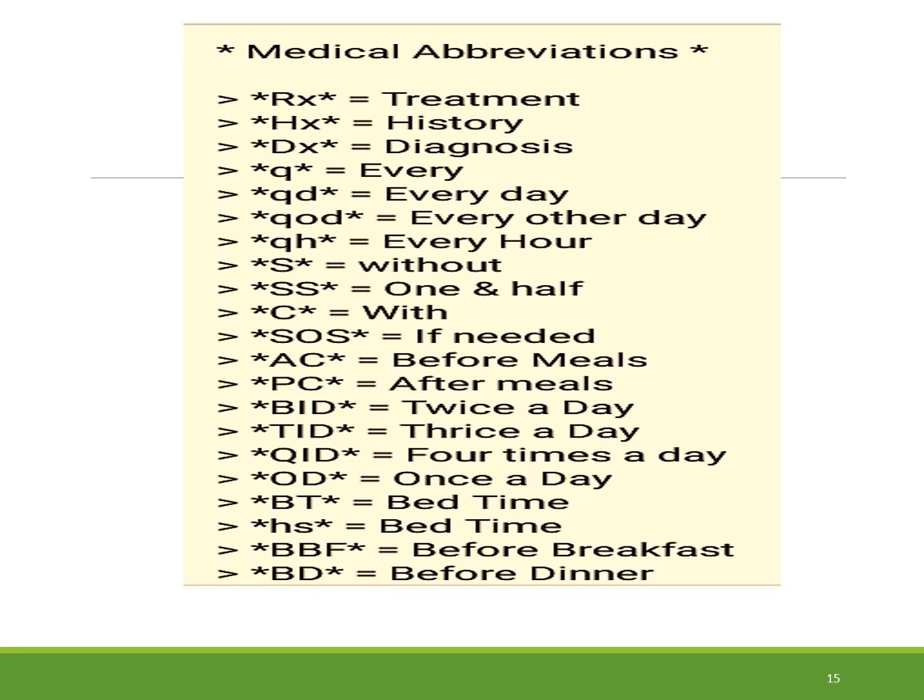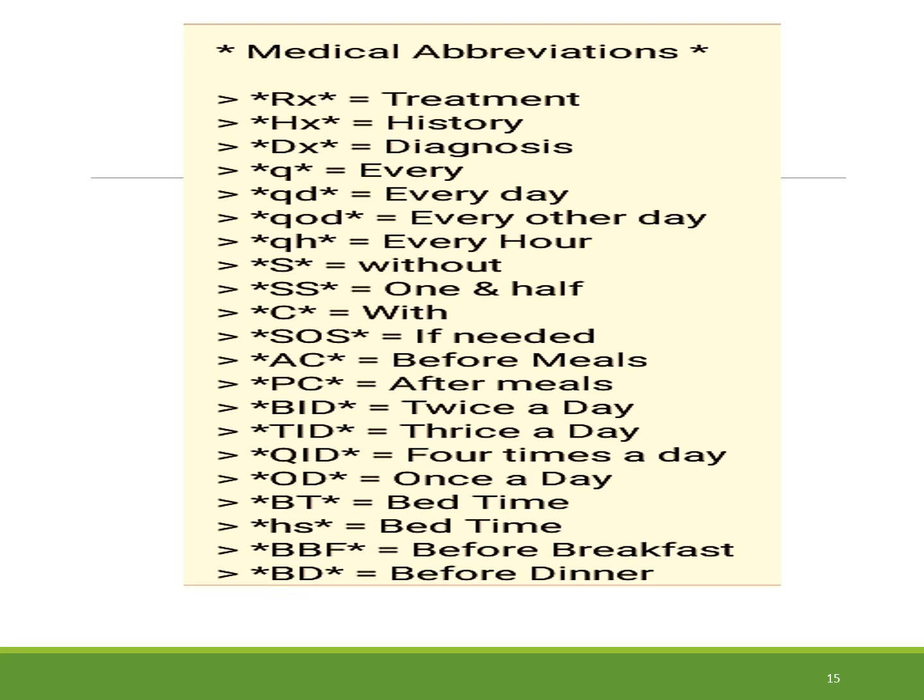Now, I will not discuss this anymore, and there is not much that needs to be discussed here. Our main objective is that you have to memorize what each abbreviation means.